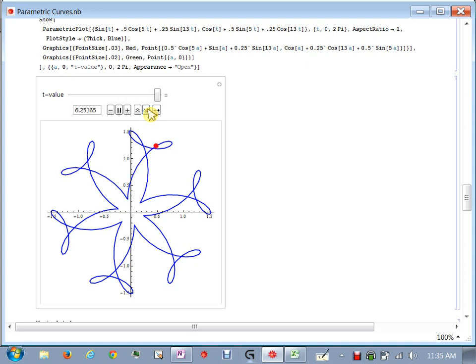What's cool about this is you can see what happens at t equals 0, and then as I draw this, here's my time, and this is what it's drawing.